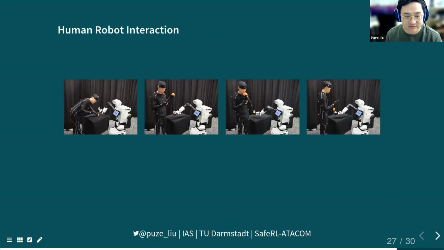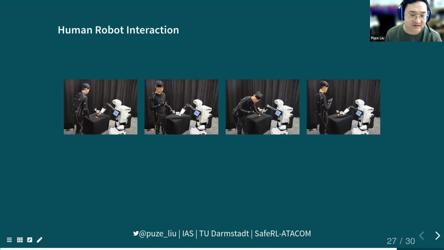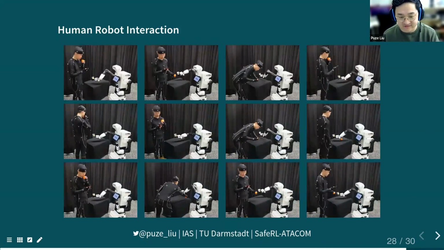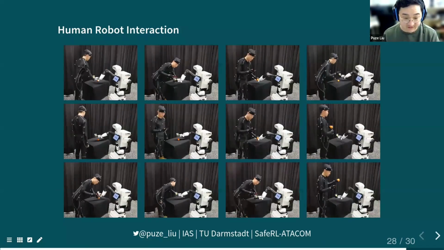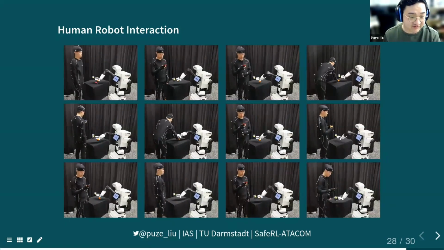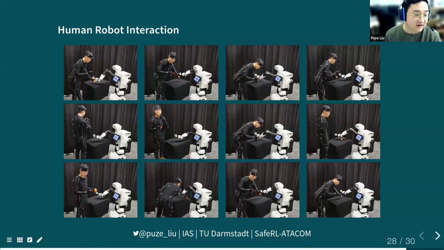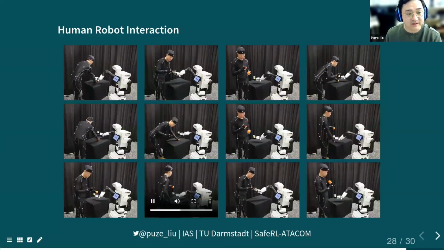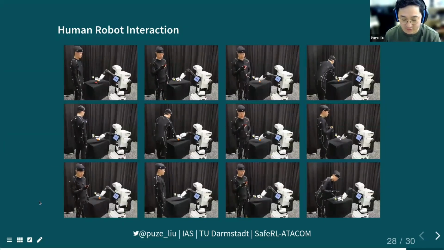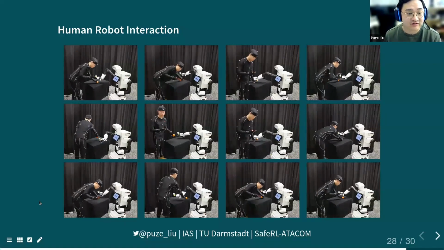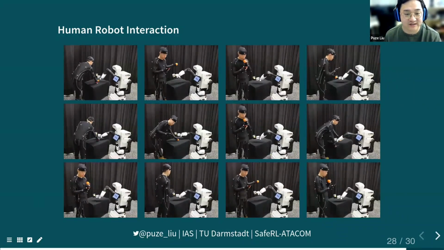We also did multiple different experiments with humans, with different motions and different configurations. Surprisingly, we don't have any constraint violations or collisions during this experiment period. Also, at the very beginning of the experiment, the human was a bit afraid to do the motion and was trying to do careful, slow motions.